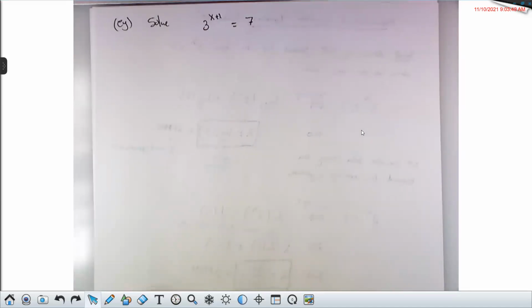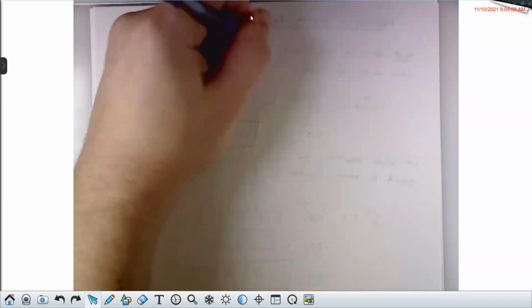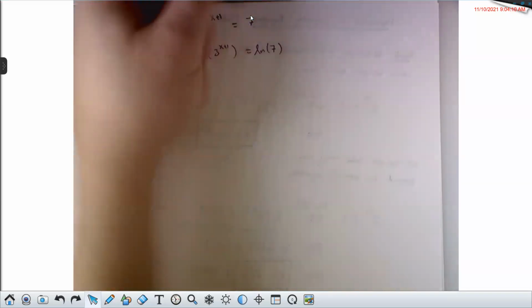Seven is not a nice power of 3. There's no way to just mentally reason your way there. So what we're going to do is take logarithms. I'm going to take the natural log on both sides. So I have the natural log of 3 to the x plus 1 equals the natural log of 7.